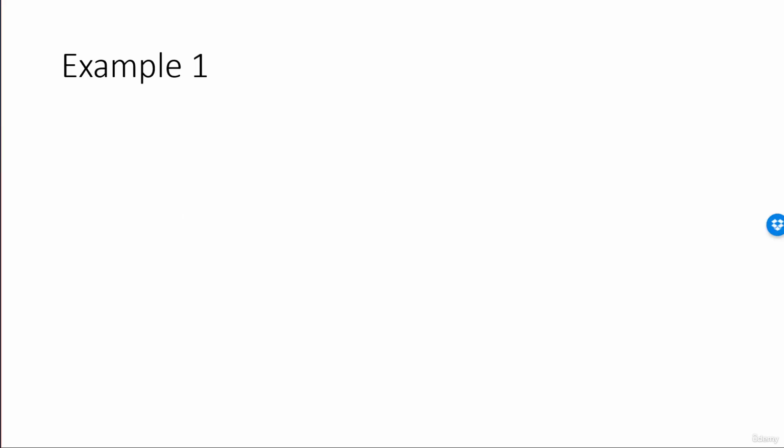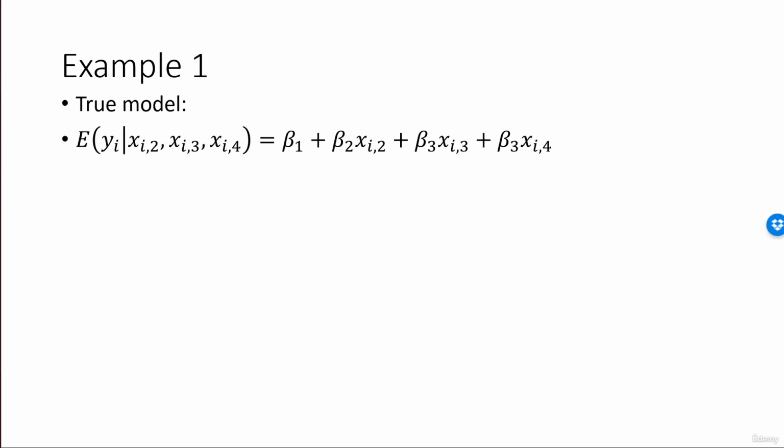So the first case is the missing variable problem. Let's call that example 1. The true model is that the expected value of y conditionally on three explanatory variables x2, x3 and x4 is indeed a linear function of these variables.